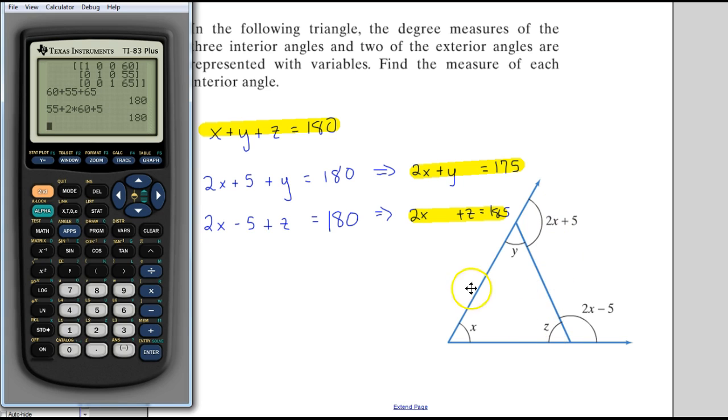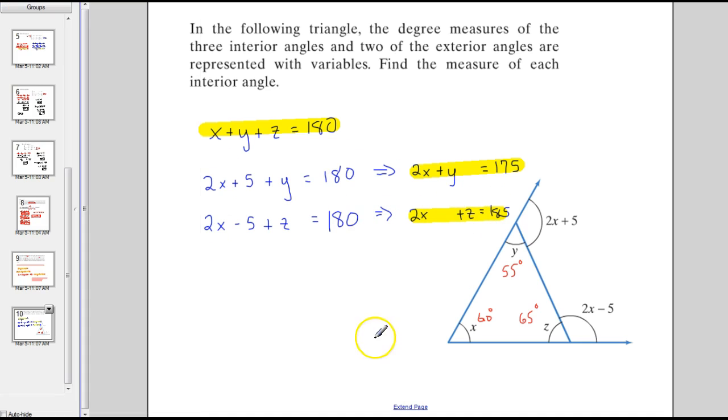And then if you take Z, which was 65, and you add 2 times X, which would be 2 times 60, this time you subtract 5, you get 180. So it works out. Those three are my angle measures.